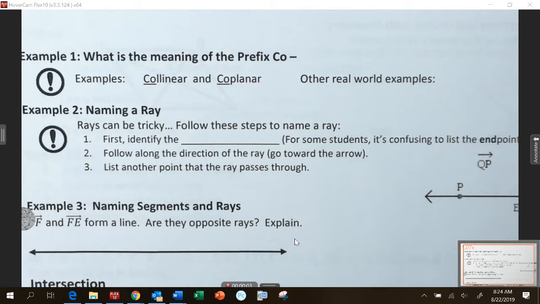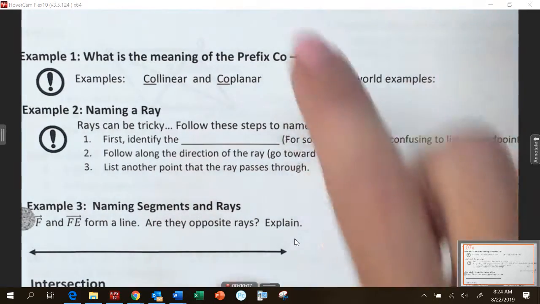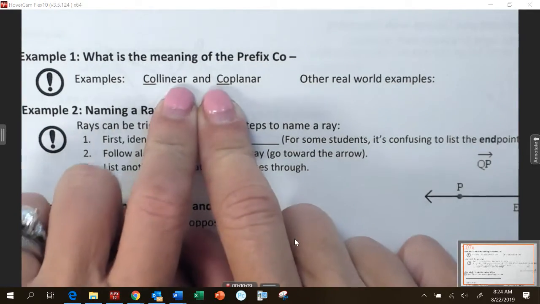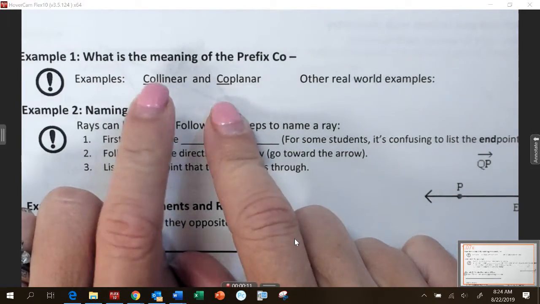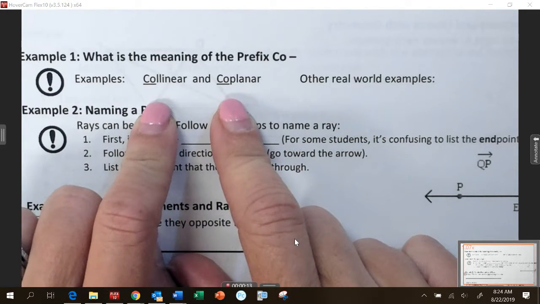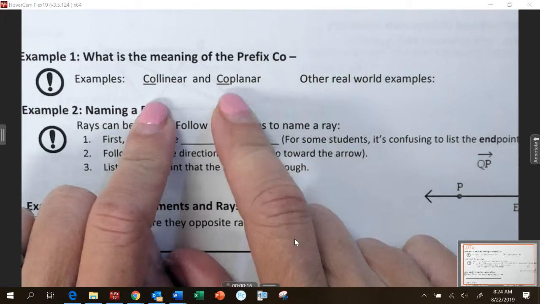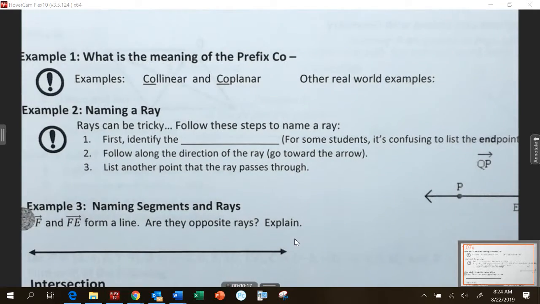So a few more things about what we've done so far. If we have collinear or coplanar, what does that word co, or the prefix co, mean? Same, or like together with. That's what co means.